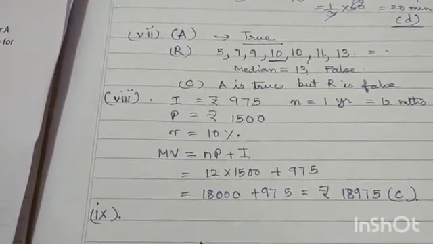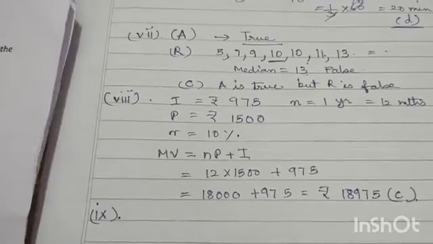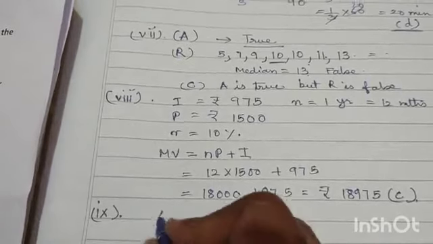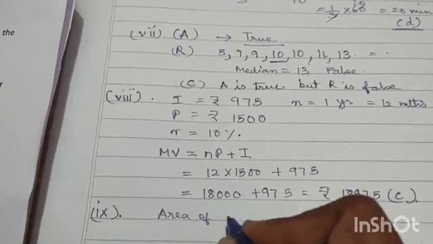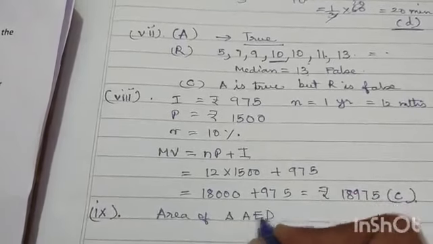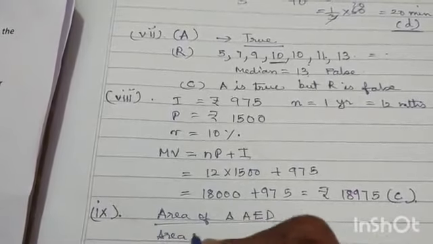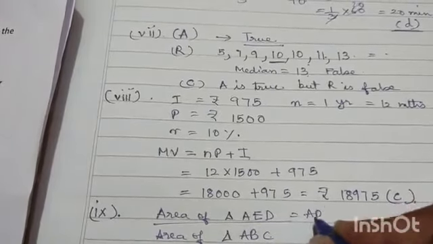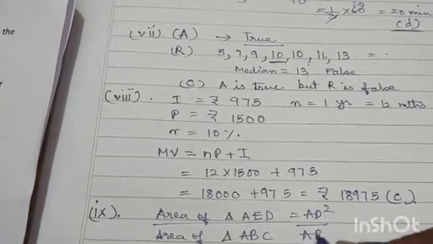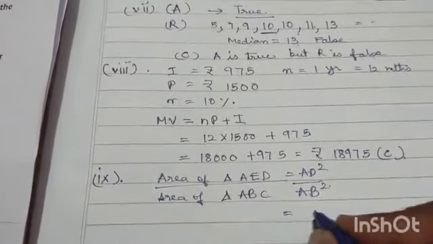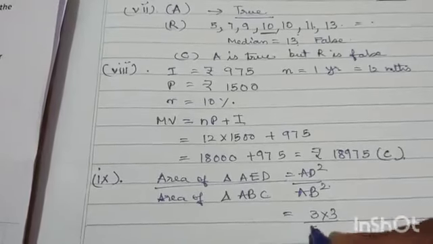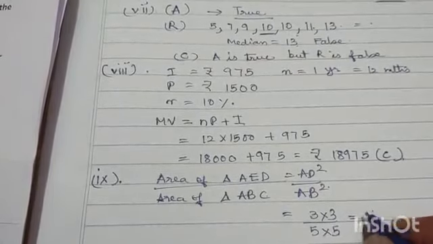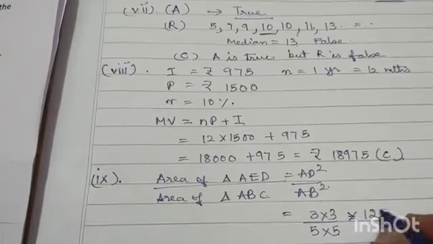Number 9. It's given that we have to find the ratio of the area of the unshaded part. So area of triangle AED by area of triangle ABC is AD square by AB square, which is 3 into 3 by 5 into 5, into 125.